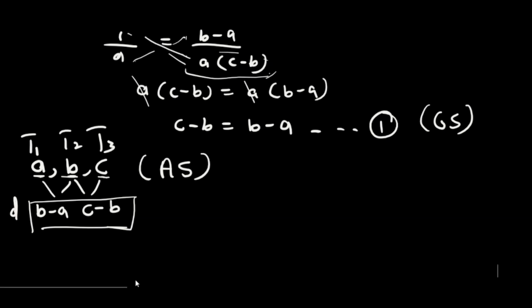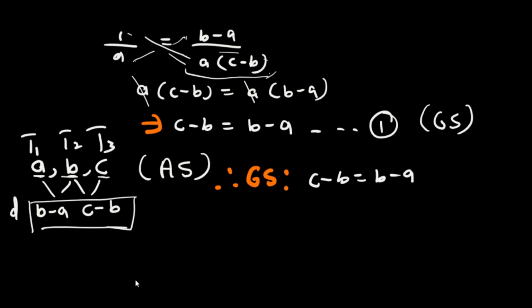Of which, if you remember clearly, from our geometric sequence, we got c minus b being equal to b minus a, right? And in our arithmetic sequence a, b, and c, we are finding that b minus a is equal to c minus b, right?